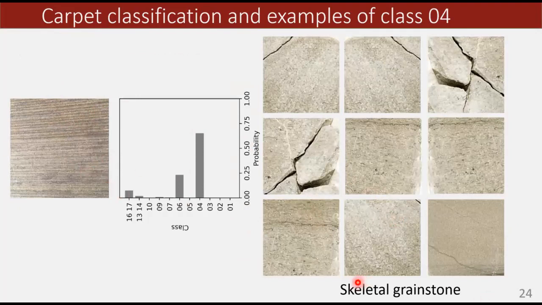However, when we look at the training data for the skeletal grainstone, we can understand why the model made that mistake, right? We can see the colors are similar. Some of the images have this horizontal structure. So that's understandable. Anyways, that's just a reminder that we always have to check and make sure that what the model is outputting makes sense.